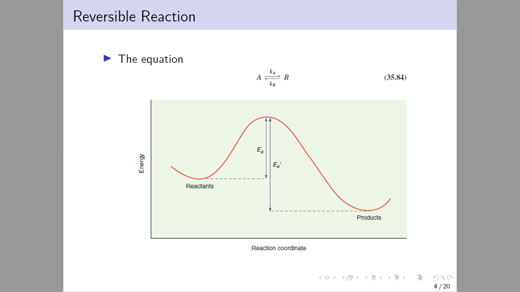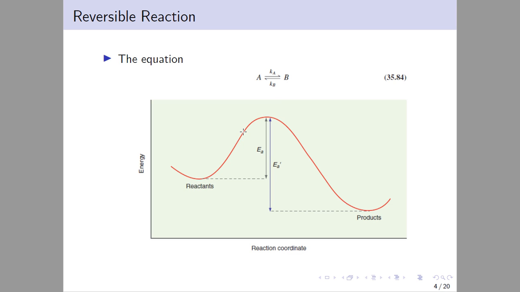So the equation again, A and B or R and P, with Ka and Kb. You can see here we have the activation energy. The reactant R must exceed this activation energy to become a product.